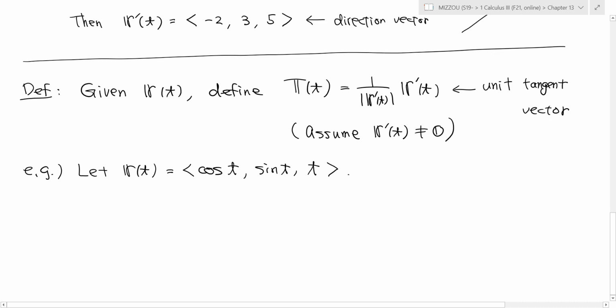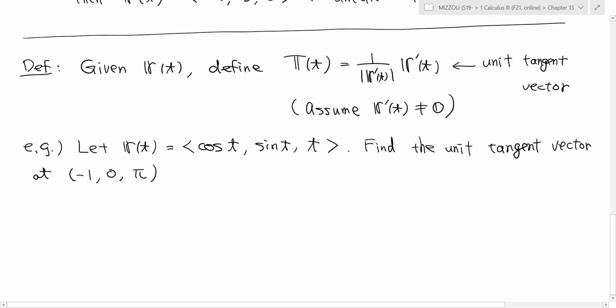And then now find the unit tangent vector at this point, (-1, 0, pi).